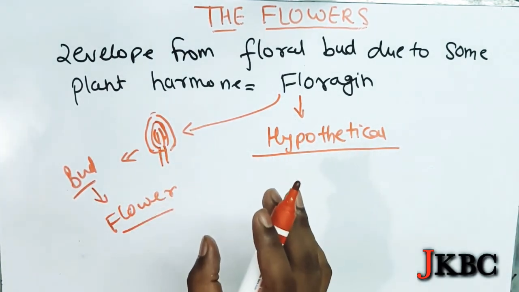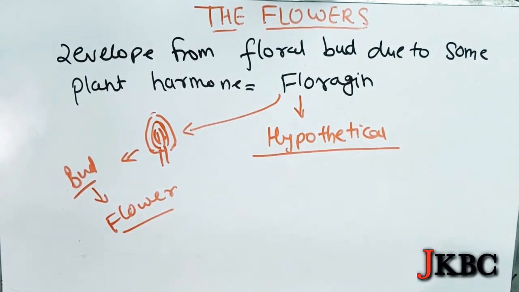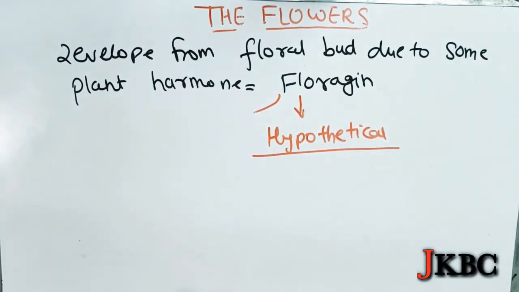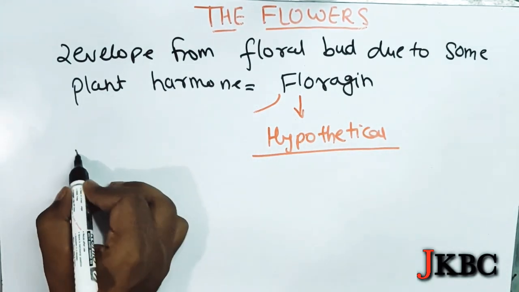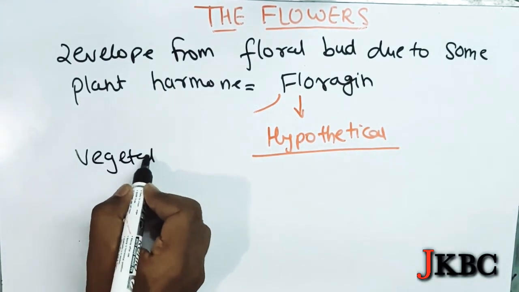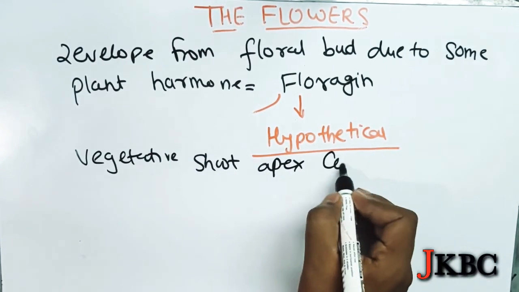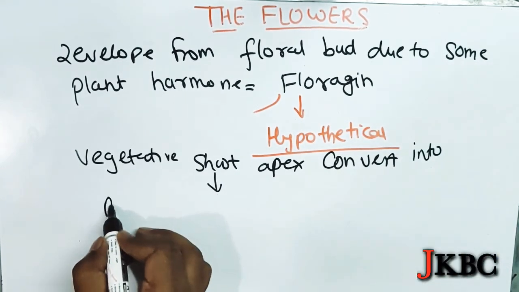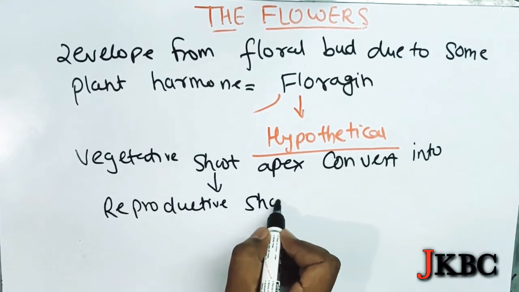That will be assumed by scientists, but this is hypothetical. So this hormone, the florigen hormone, is helpful for the vegetative shoot apex to convert into the reproductive shoot apex.